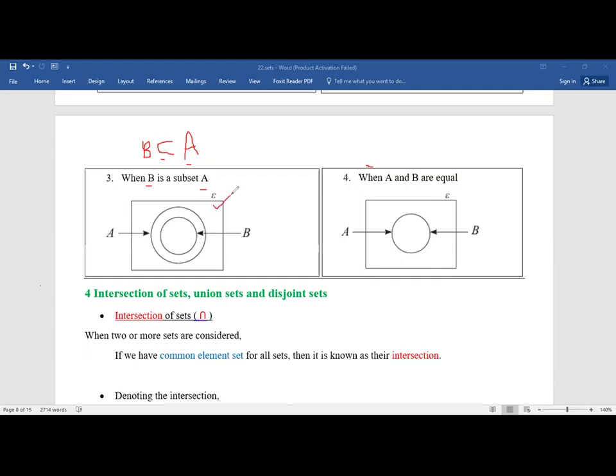So this is my universal set. I have to draw a rectangle, and inside that I represent my set A, which is the biggest one.